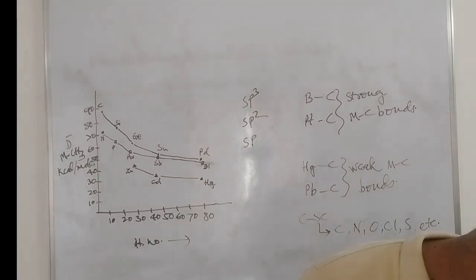So this is about the bond types, which are seen here as covalent, two-center, two-electron bonds.